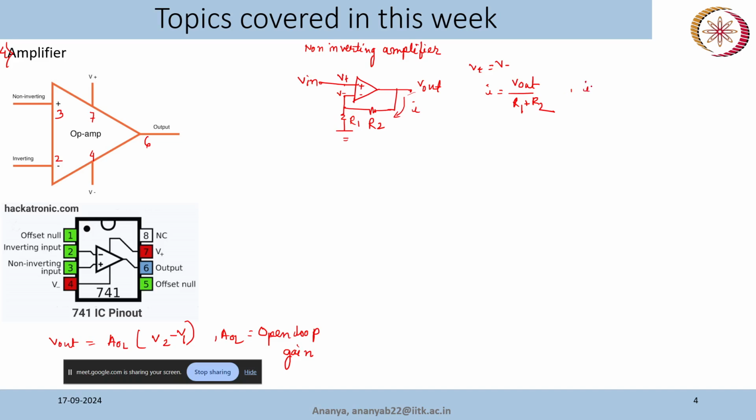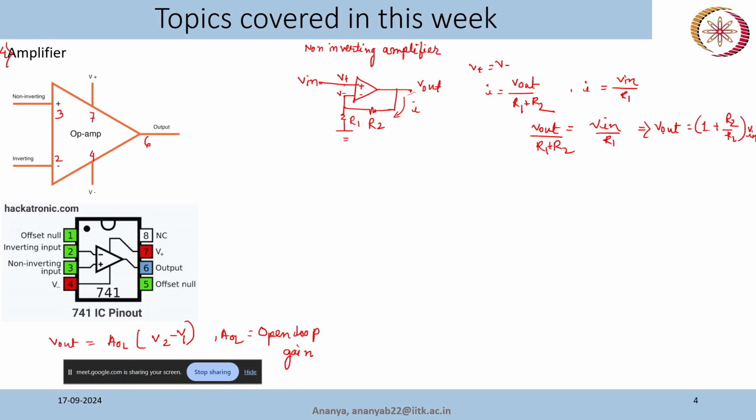So I is equal to the voltage at this point, which is V in, by R1. So these two are the same: V out by R1 plus R2 is equal to V in by R1. That means V out is equal to 1 plus R2 by R1 into V in.